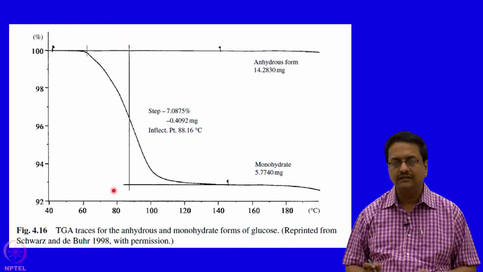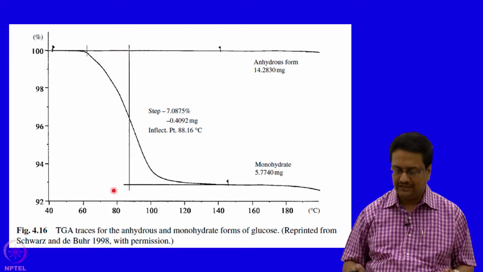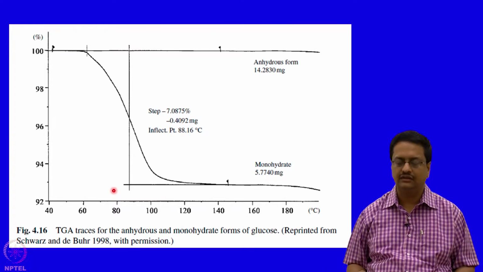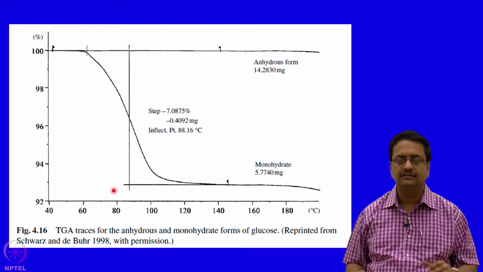So, the solvates or solvatomorphs, when you do thermogravimetry, will have different types of solvent losses indicated like this.